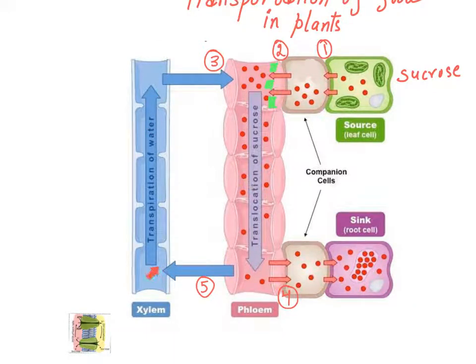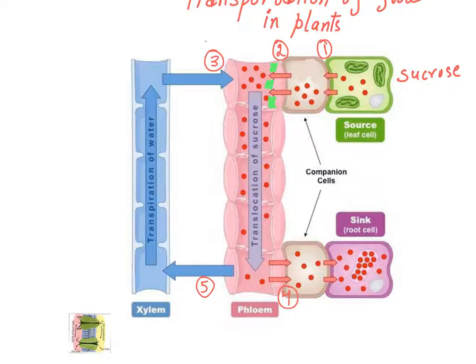Mineral ions are dissolved in water, because xylem is involved in transportation of water and minerals. So here water concentration increases because of movement of sucrose into the root cell, and water moves from its higher concentration to its lower concentration.